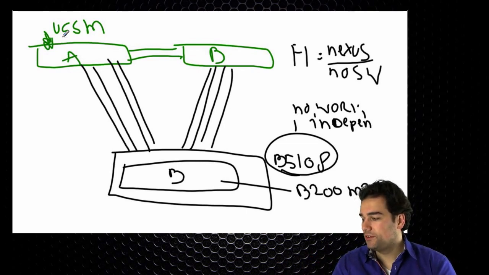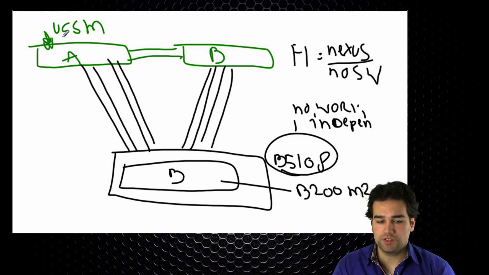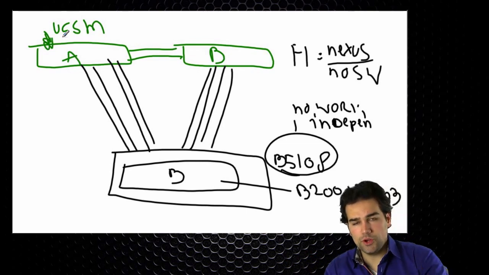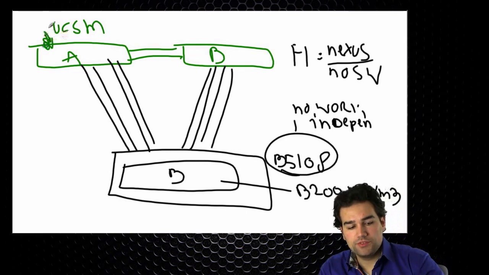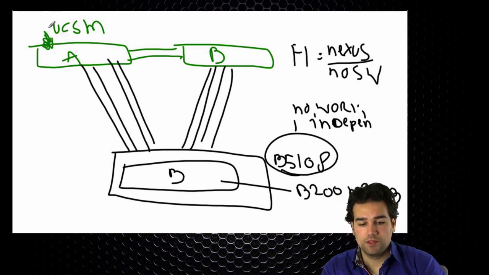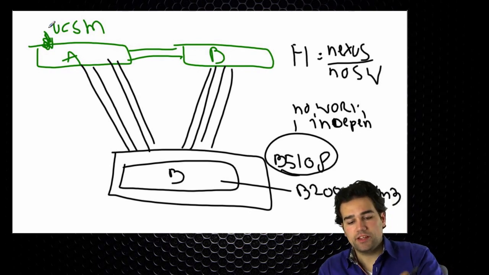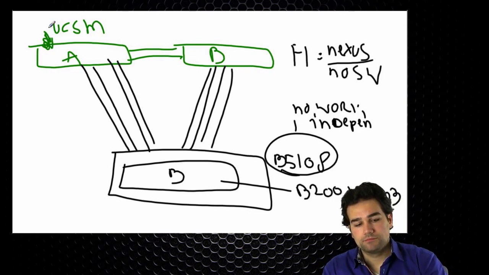Anything that I need to configure is pushed down from the Fabric Interconnect. So this is a very critical situation. As I said, they are running a manager and they are running the networking part.